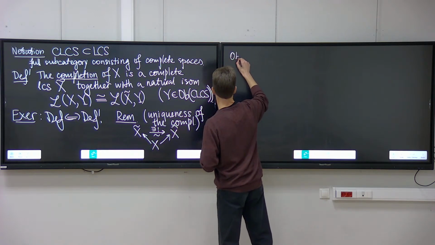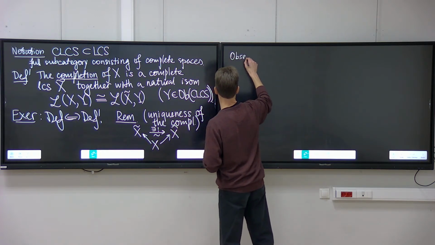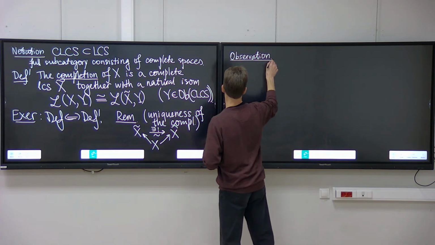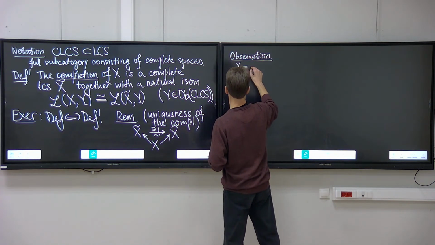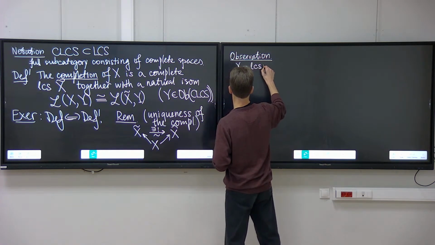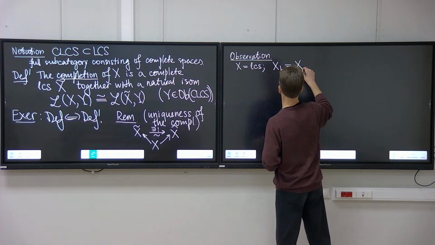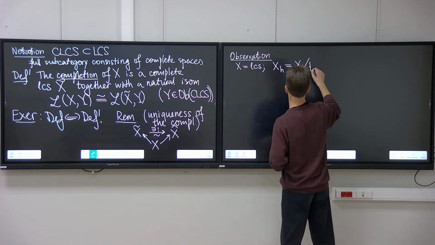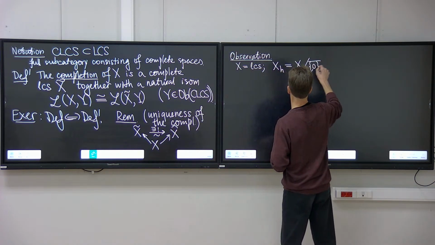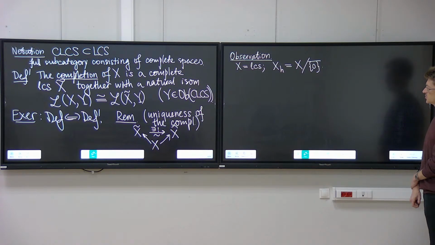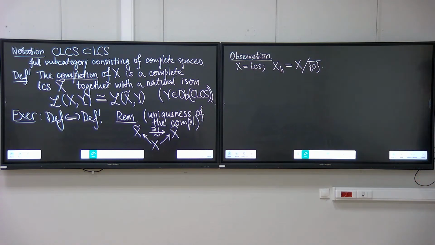So let's make the following observation. Suppose that X is a locally convex space, which is not necessarily Hausdorff, and let X_H denote the quotient of X modulo the closure of 0. Well, 0 is of course a vector subspace of X. It's easily seen that the closure of a vector subspace is also a vector subspace.